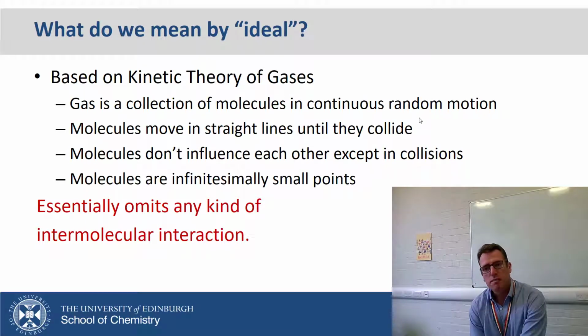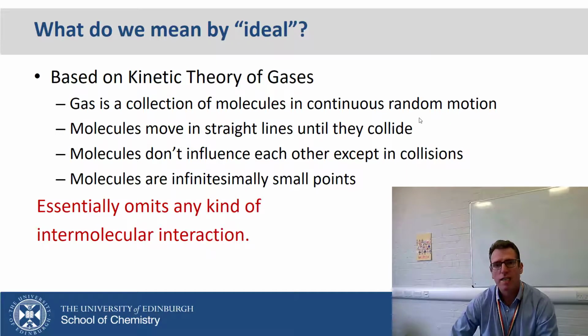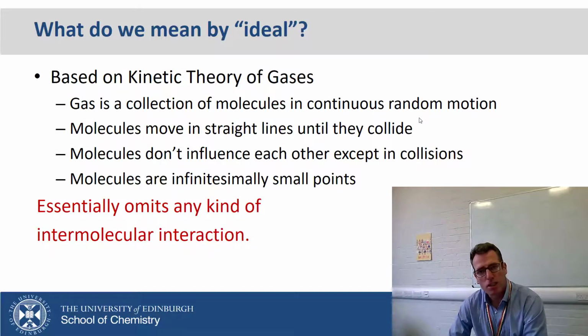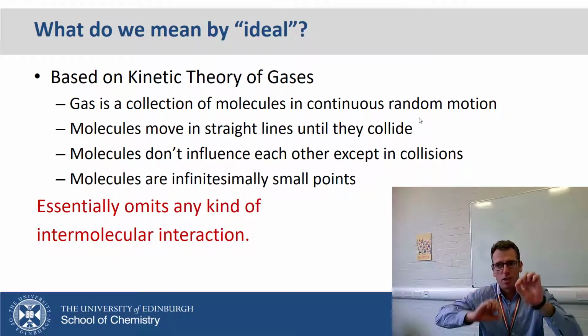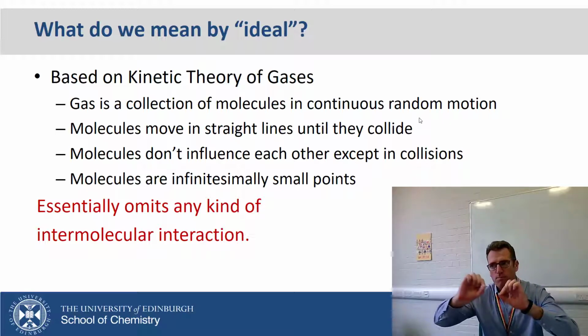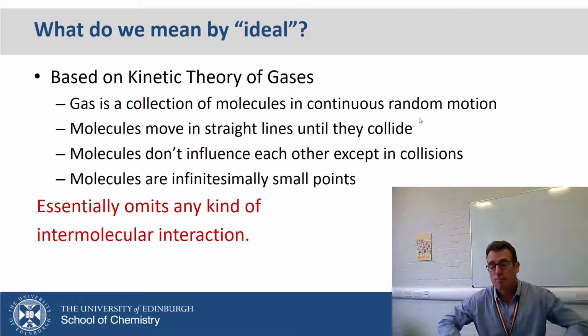It says that gas molecules will move in straight lines unless they collide, that molecules won't influence each other except in those collisions, and that molecules are infinitesimally small points. So the kinetic theory of gases, which describes an ideal gas, is essentially saying that gas molecules will effectively move around in straight lines around each other and won't deviate unless they collide.